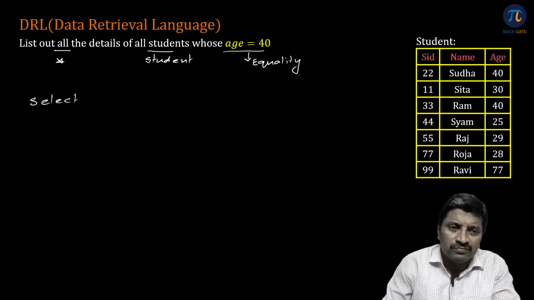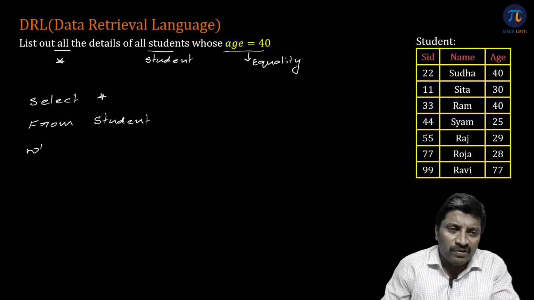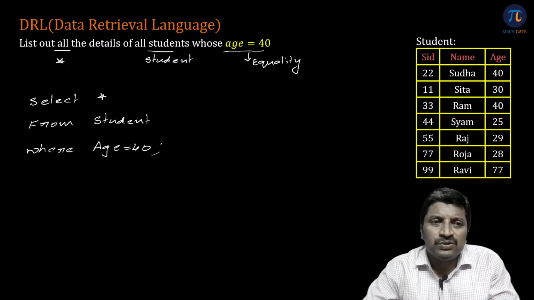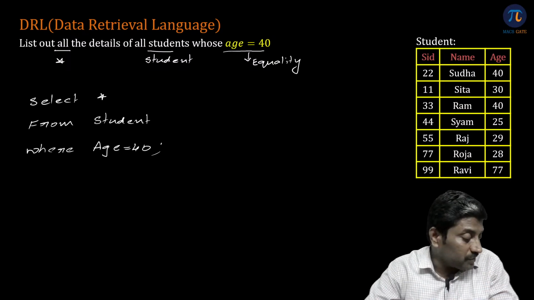Select star from student where age equal to 40. So this is the way to filter the records.